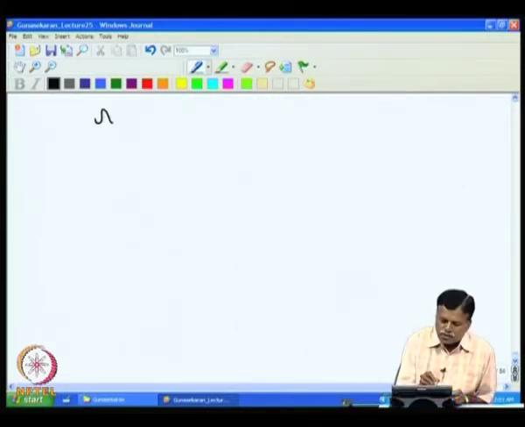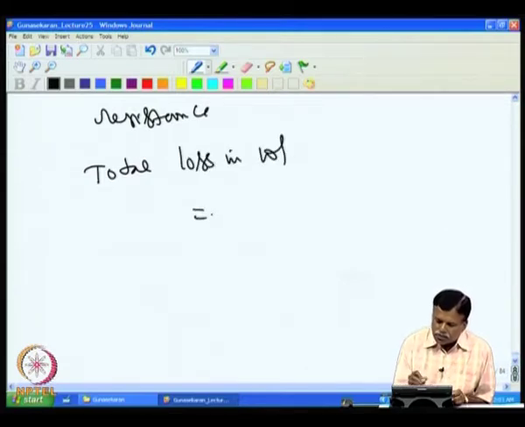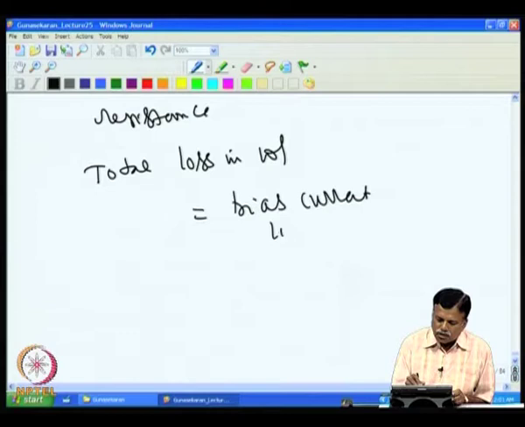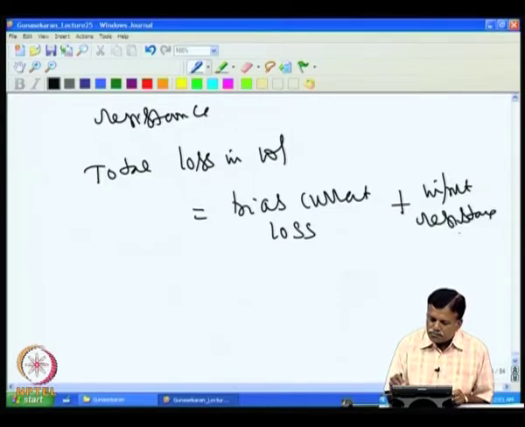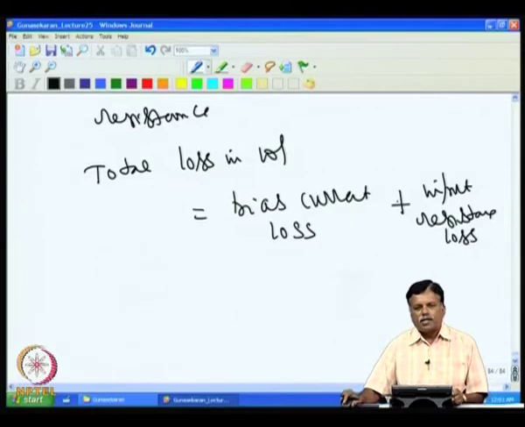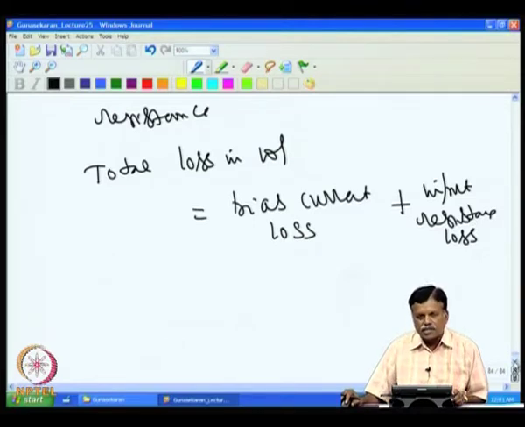So, the total loss in voltage is equal to bias current loss plus input resistance loss. This must be understood clearly in order to calculate the loss at the internal resistance due to bias current and the input resistance.